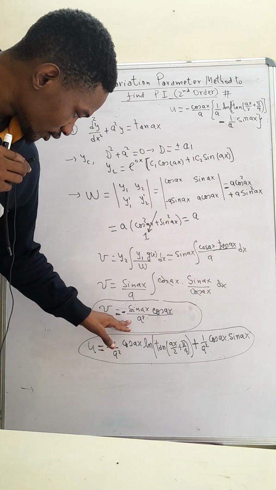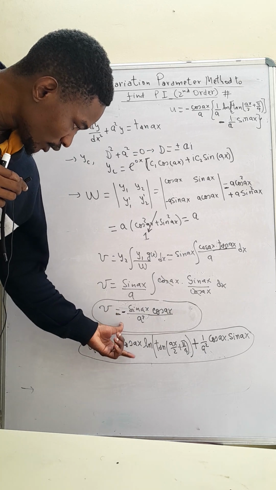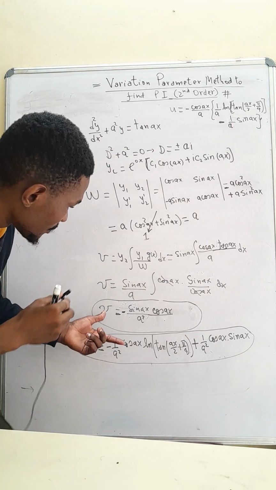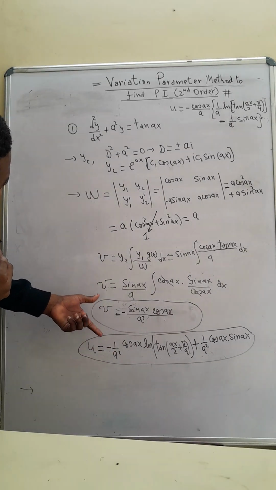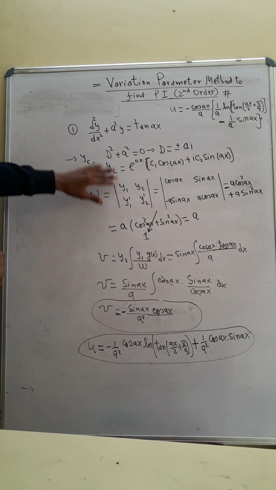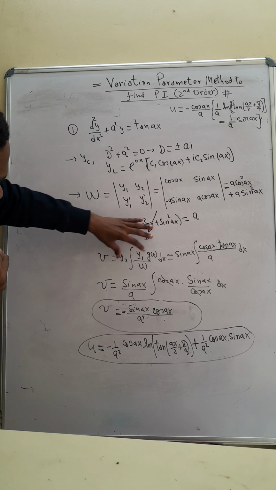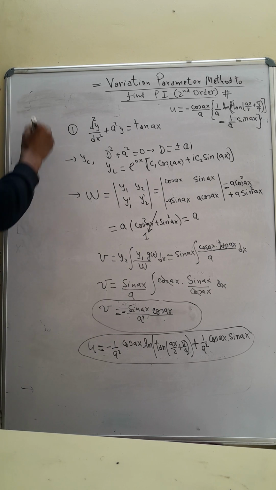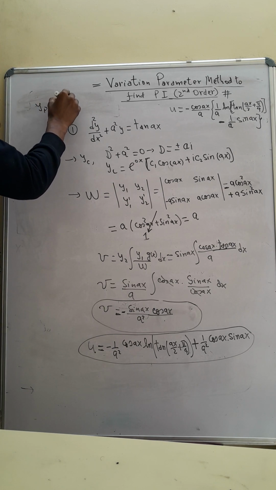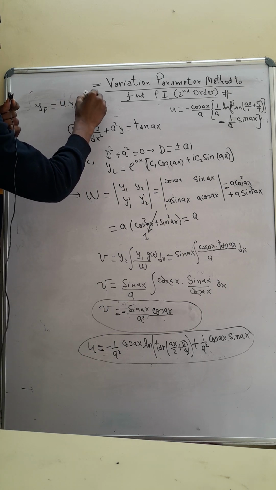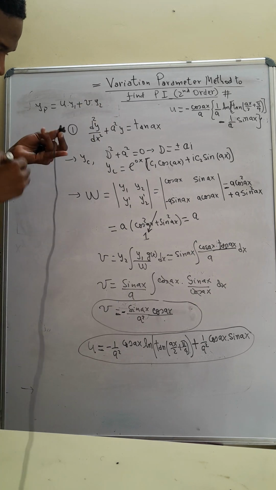Okay? This is your u, this is your v. Now, if you just put them together, this is your u value, this is your v value, then you already know what this is. Put them together, because we said, just look at here, yp is u times y1 plus v times y2.